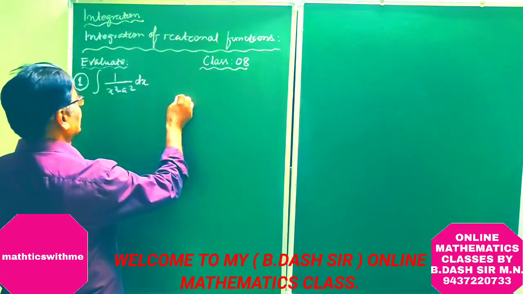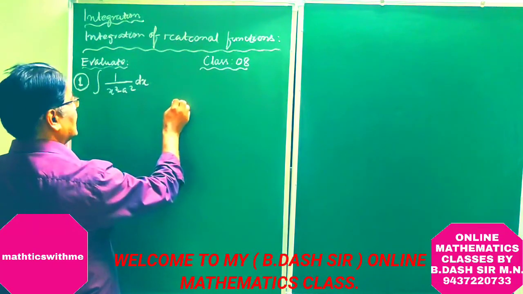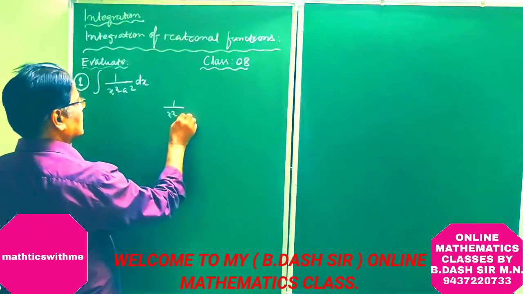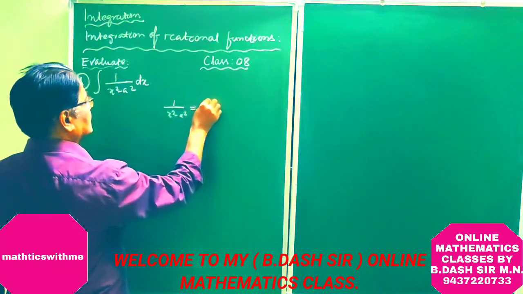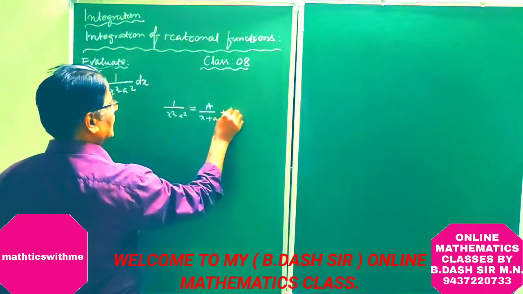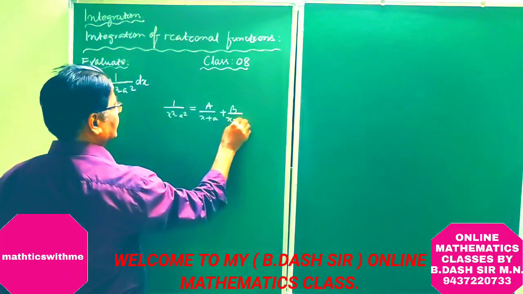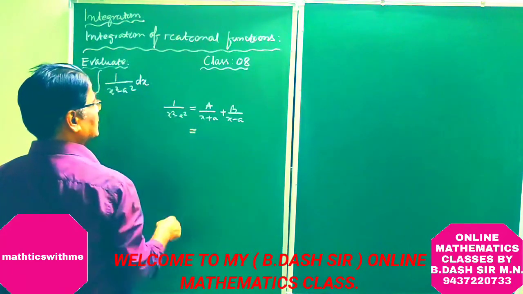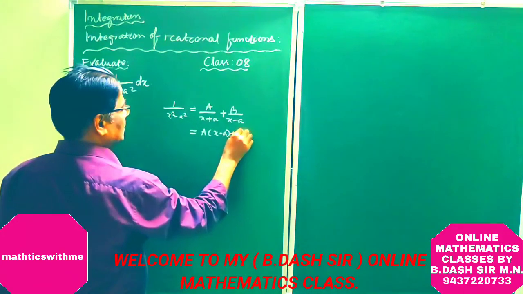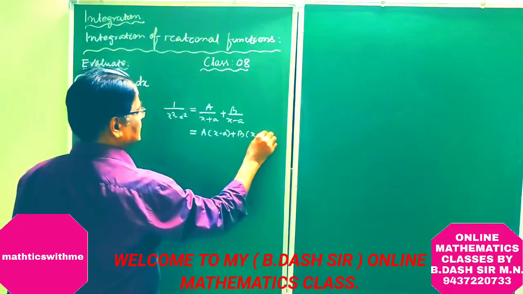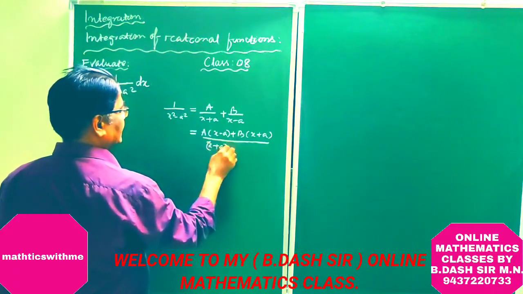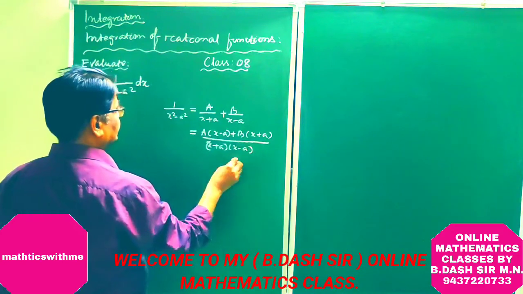In order to integrate this integral, let 1 by x square minus a square be equal to A by x plus a plus B by x minus a, which is equal to A into x minus a plus B into x plus a, by x plus a into x minus a.